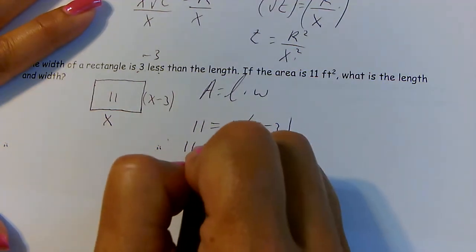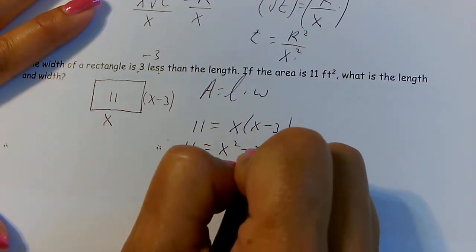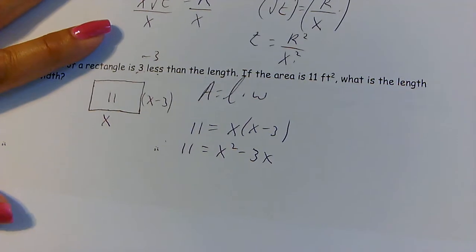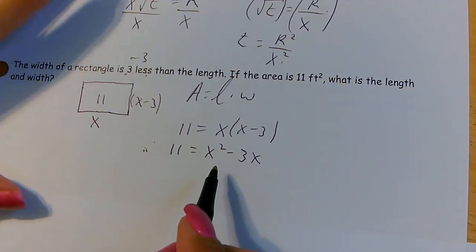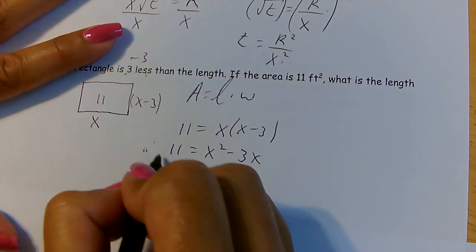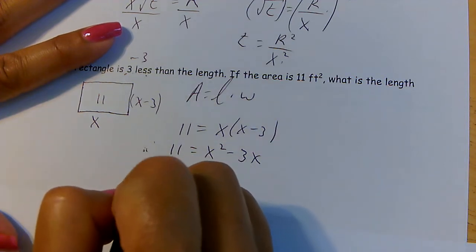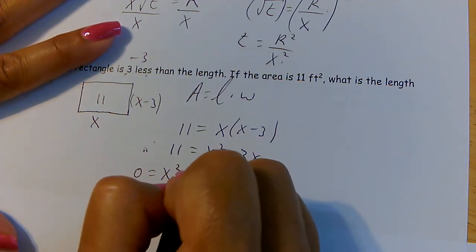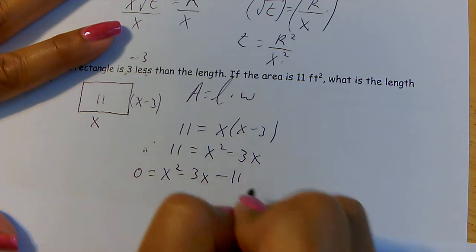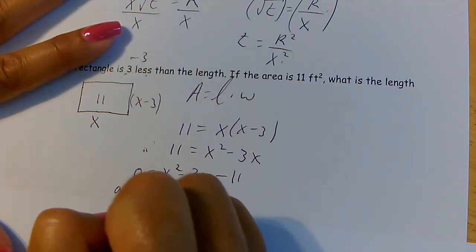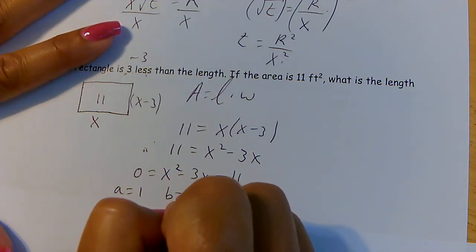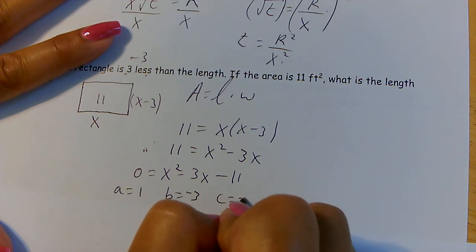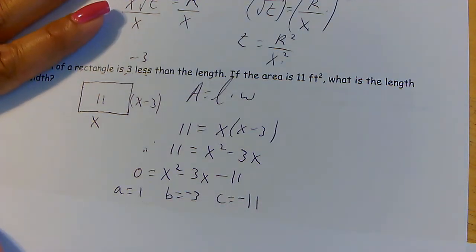Distribute. We're going to write this in standard form and use the quadratic formula to solve. So I'm going to bring the 11 over here. It'll be negative. A is 1, B is negative 3, C is negative 11. I'm going to pause.